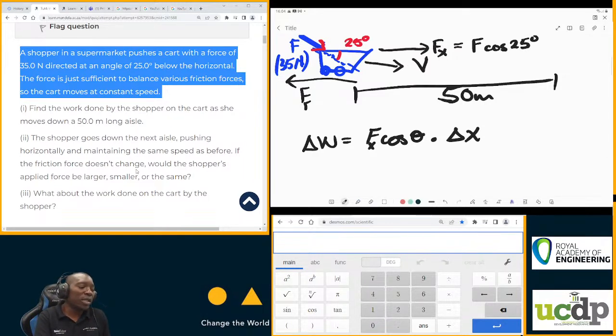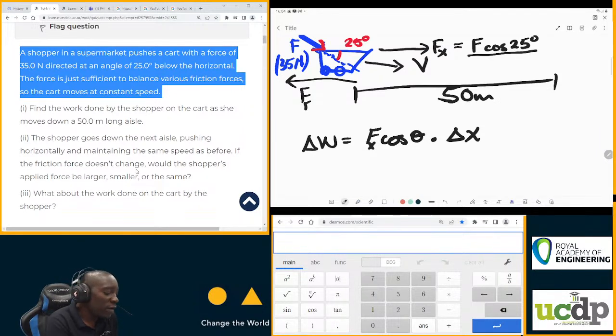So that component is F cos 25 degrees. This angle, 25 degrees, is different from the theta that we use there, so you should take note. Since you use theta there, you can call this one alpha or beta, give it different names. But for the component, we are saying the component in the horizontal is F cos 25.